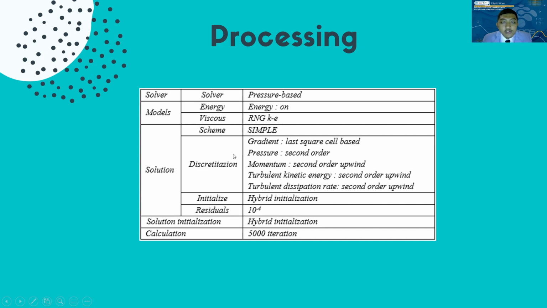And for the discretization, for the gradient, we choose least squares cell based, and for the others, I choose second order upwind for pressure, momentum, turbulent kinetic energy, and turbulent dissipation rate. After that, for the initialization, we choose hybrid initialization with residuals 10 power minus 4, and we can do the calculation with 500 iterations.